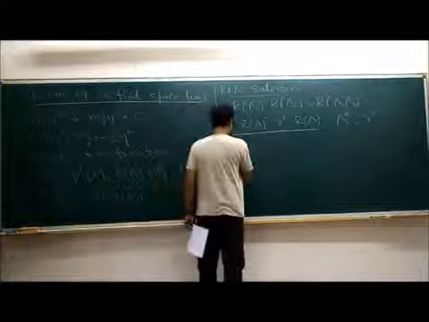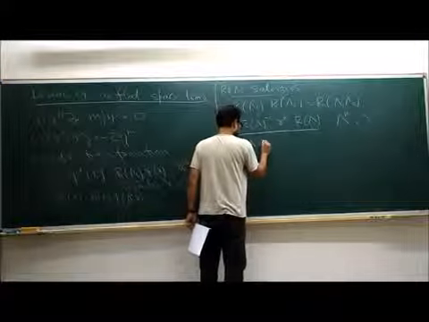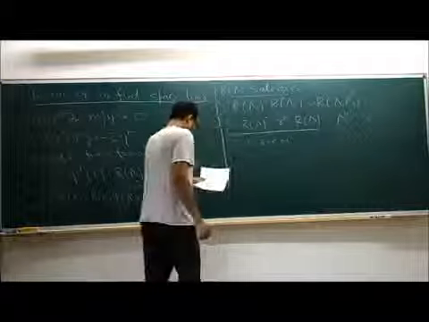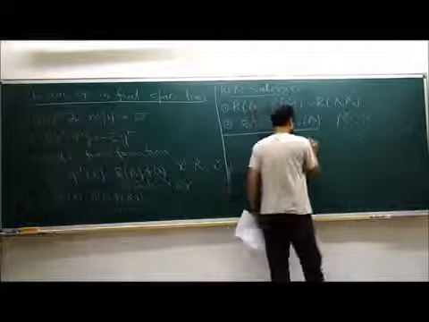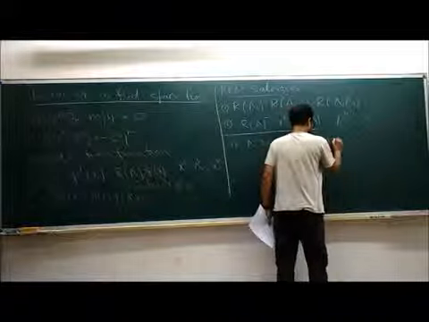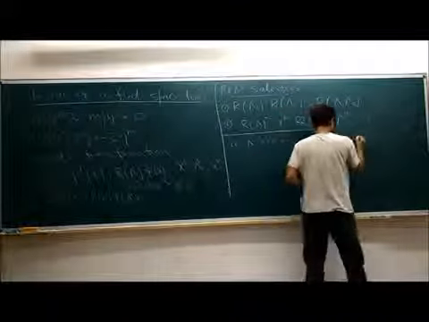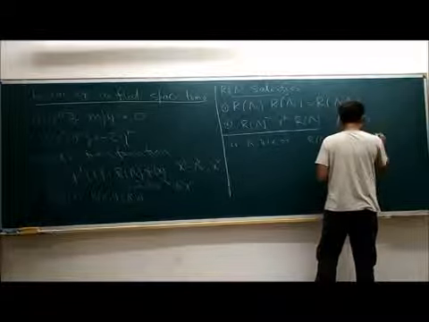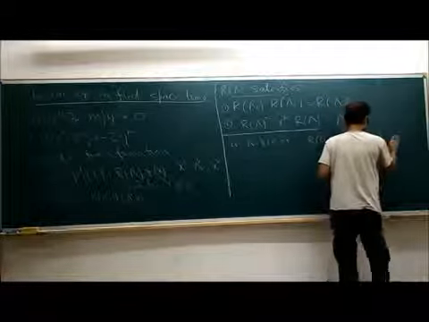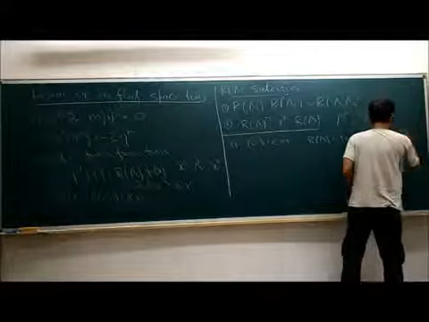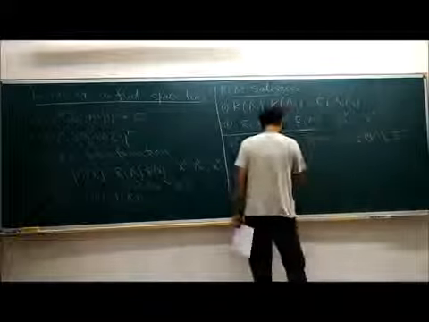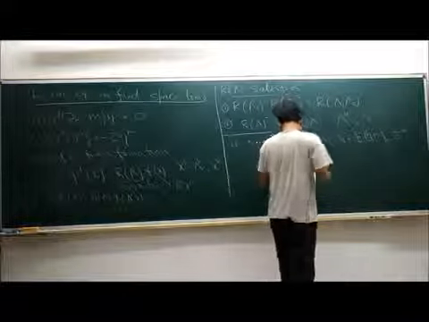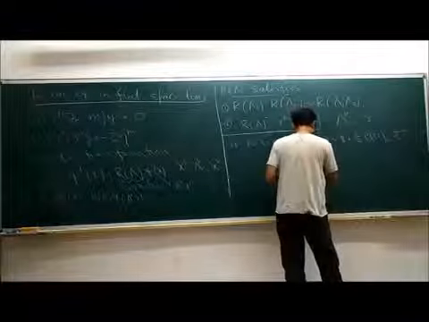So if lambda is identity plus epsilon m, then R lambda is given by identity plus i by 2 sigma mu nu, the Lorentz generators for the spinors, namely this is i by 4.